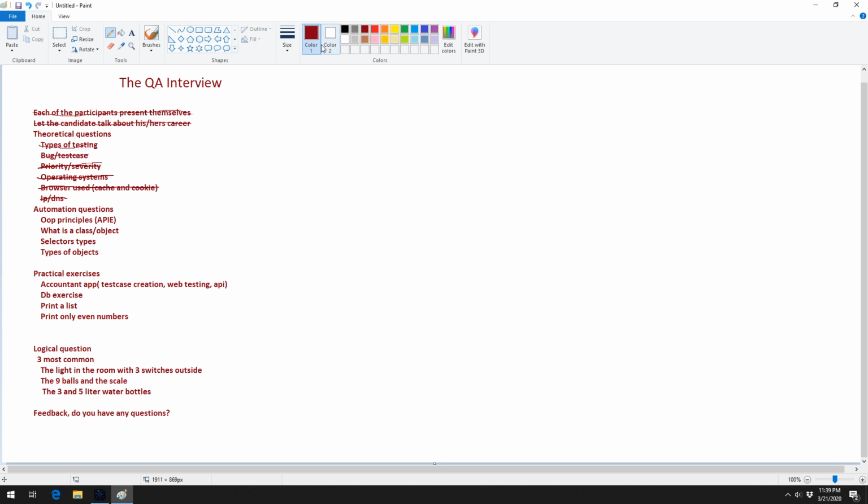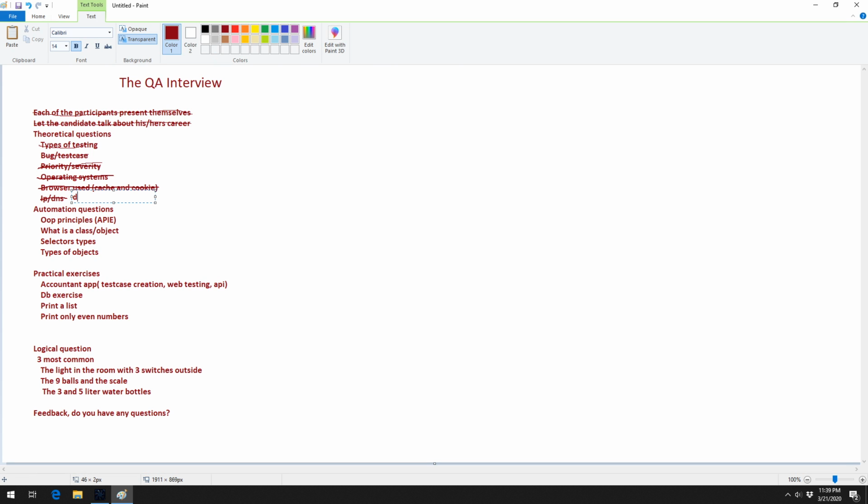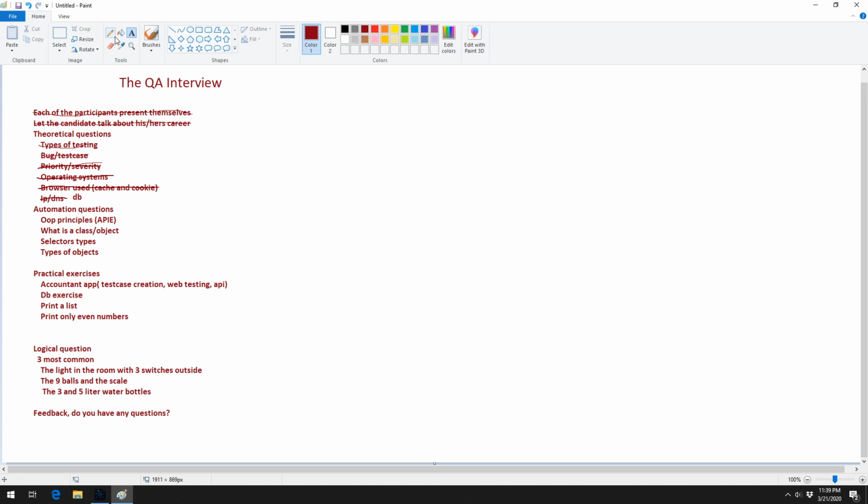What can also be added here? I'm going to write here, for example, DB. For DB, let's say, okay, if he has some experience with databases, we need to know what kind of databases he used, SQL, Oracle, Mongo, and so on.